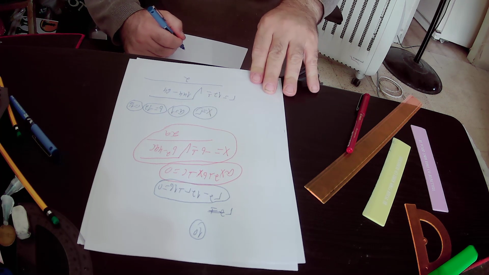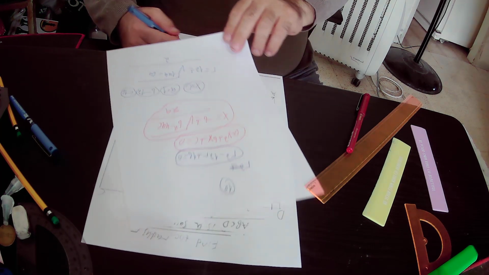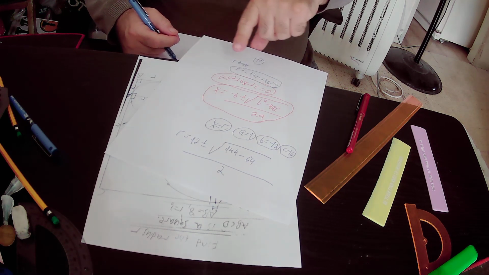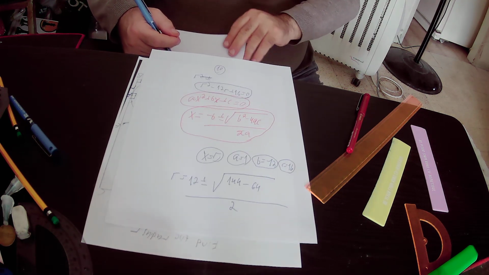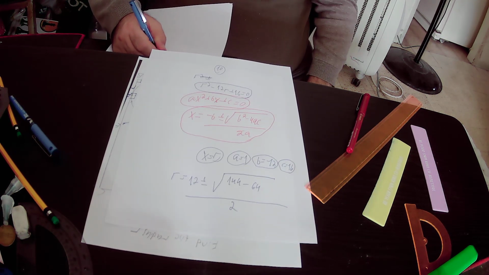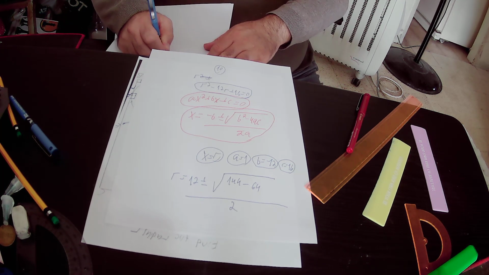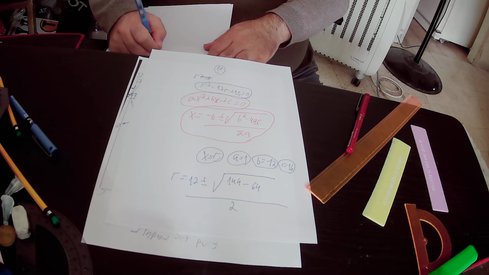Okay, so 144 minus 64 is 80, so I write it down. We get that the radius equals 12 plus minus the root of 80 over 2.